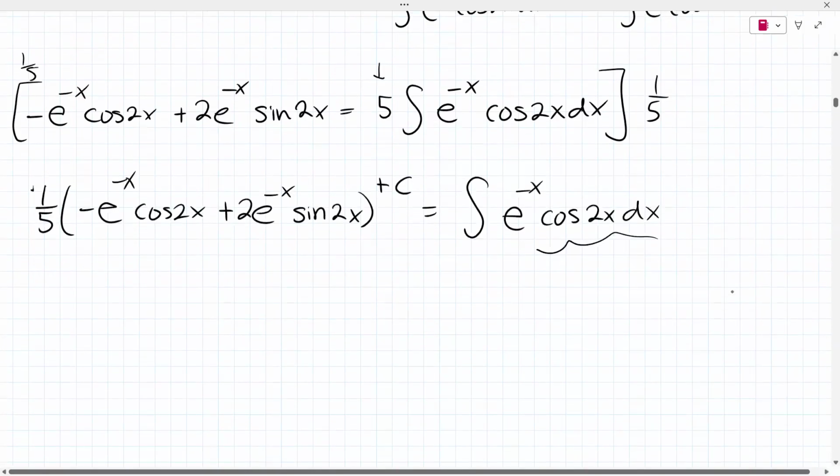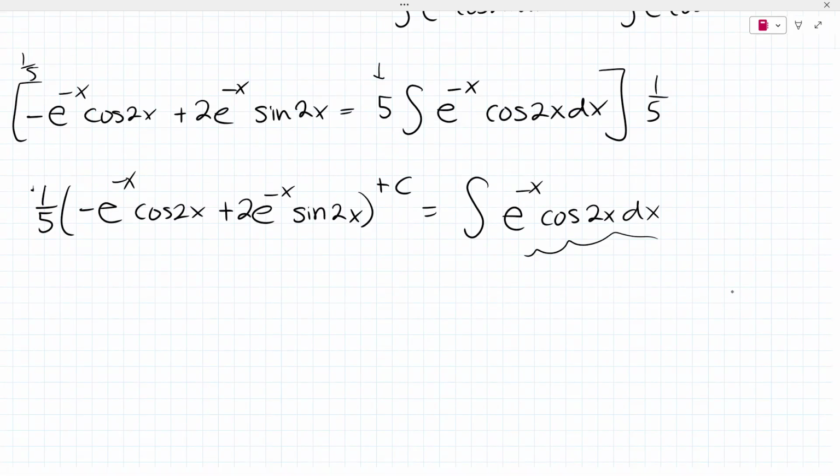Let's put this in front and then move this to the right. You can do that because of some kind of commutative property.